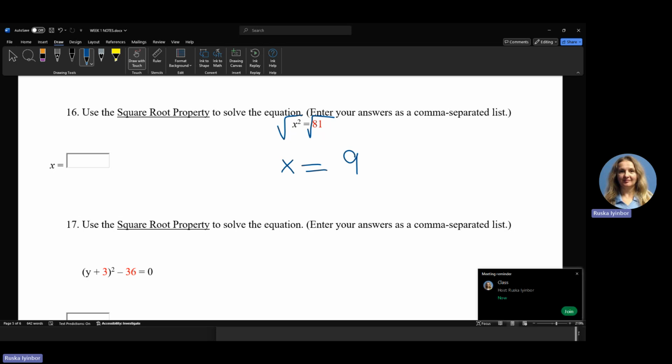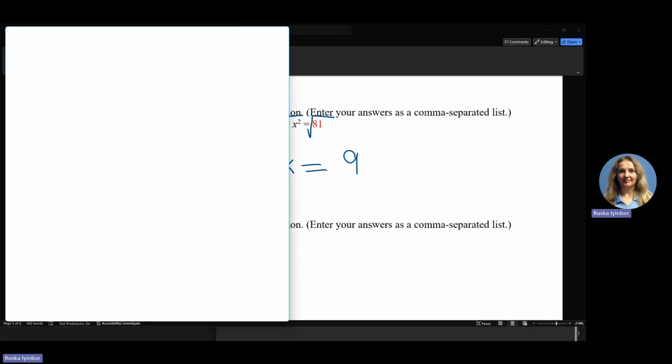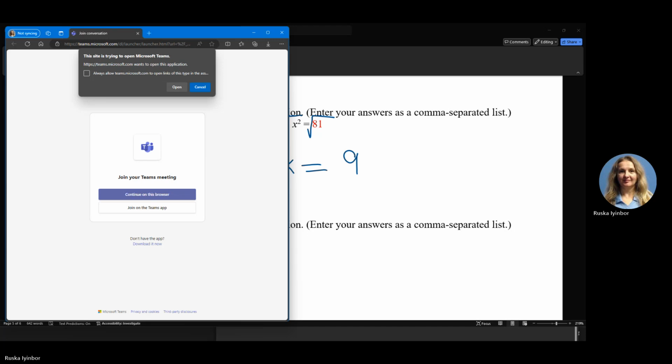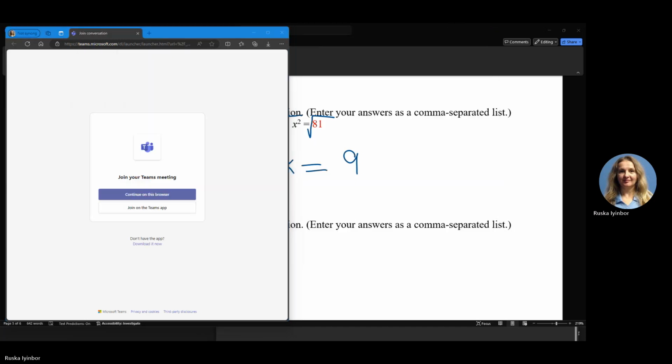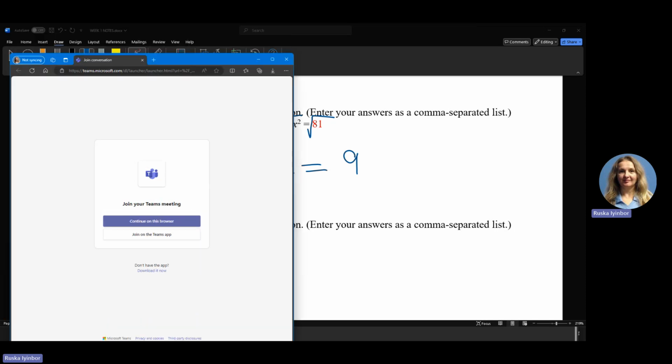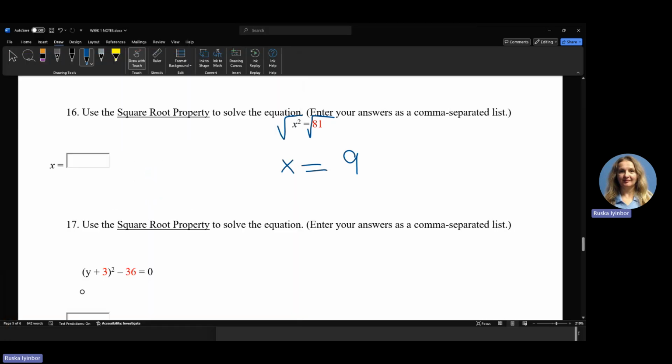This is a quadratic equation, right? Yes, so it's a quadratic equation. How many solutions is it going to have?